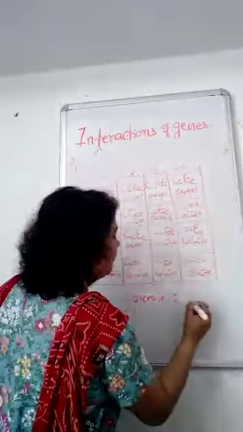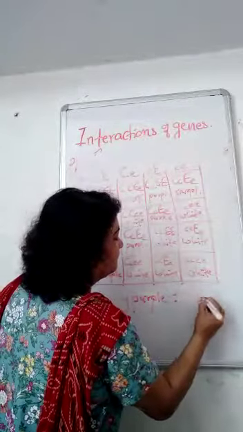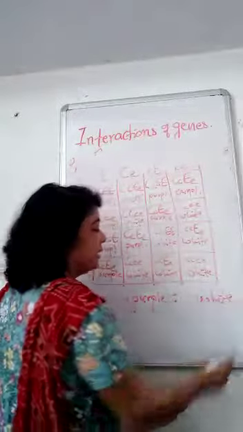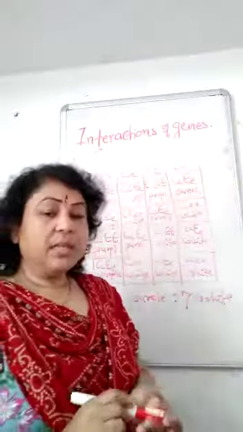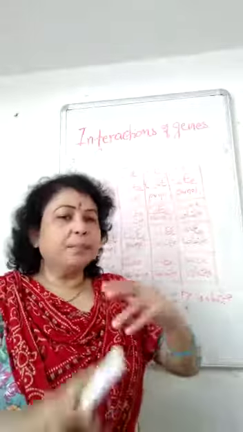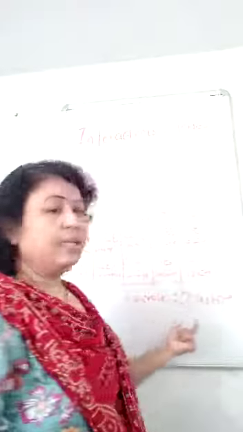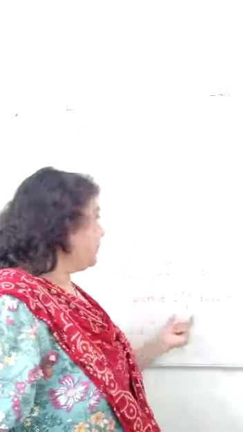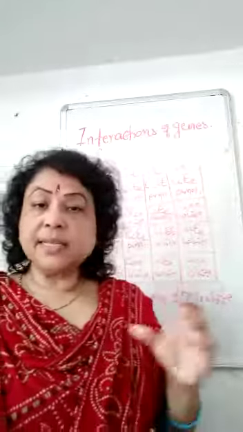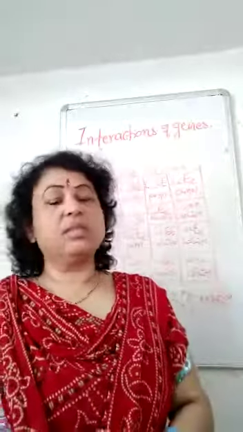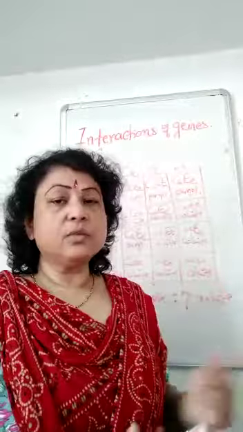So 7 white. That means this 9:3:3:1 ratio gets completely modified into 9:7, 9 purple and 7 white. So why do these surprising results come out? Instead of 9:3:3:1, why is it 9:7?